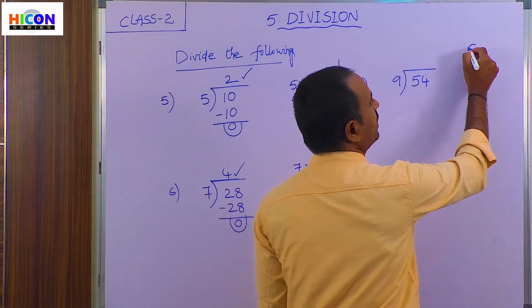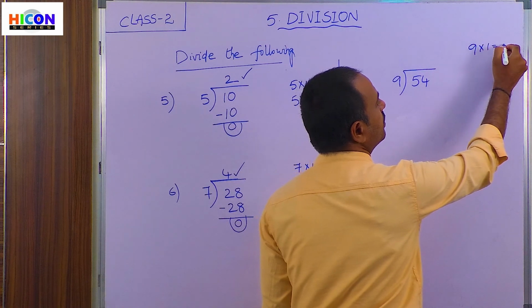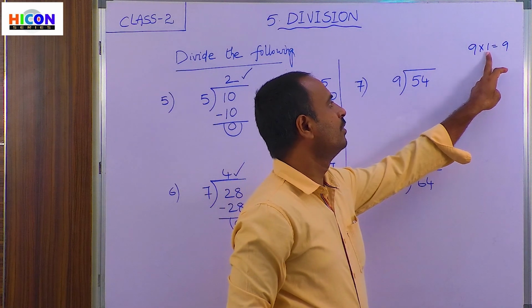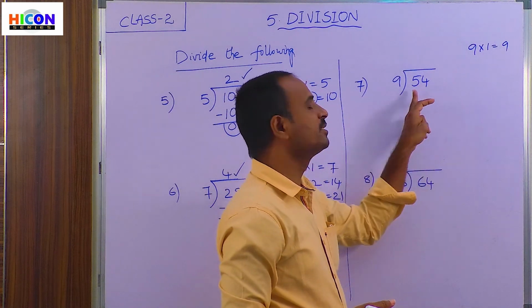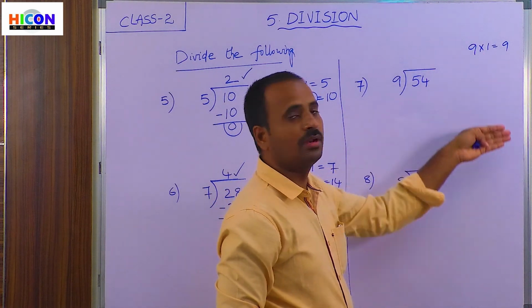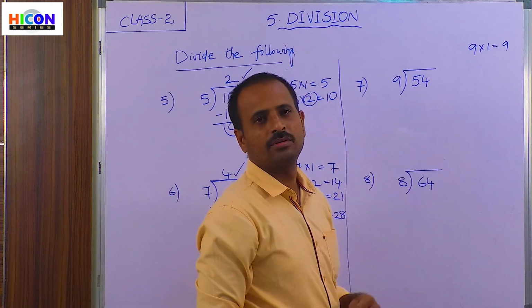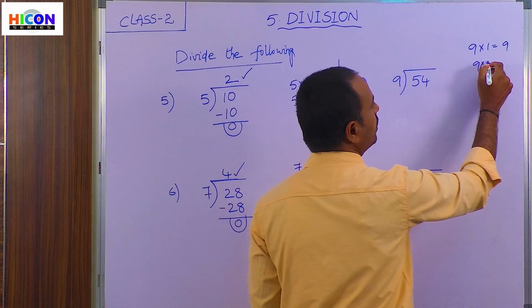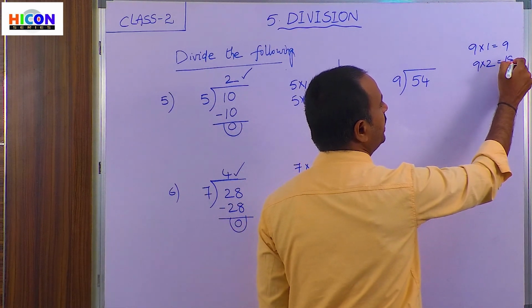So first take 1 time, that is 9 ones are 9. But here there is 54. So write this table until you get 54. So now take 2 times, it is 9 twos are 18.